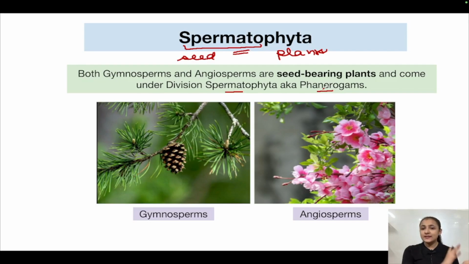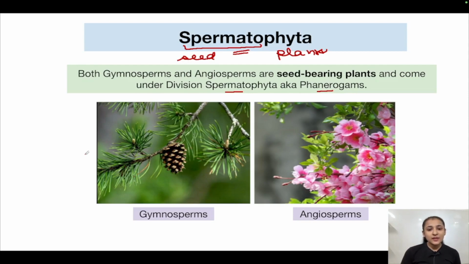All of these groups came under cryptogams because cryptogams are non-seed bearing plants. They reproduce via spores, which remain hidden and are not easily visible to the naked eye. In contrast, the seeds produced by Gymnosperms and Angiosperms are large in size and can be easily seen with our naked eye. That is why they are known as phanerogams, that is, the seed-bearing plants.